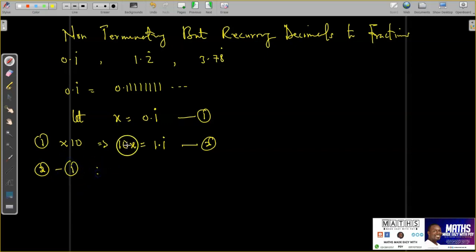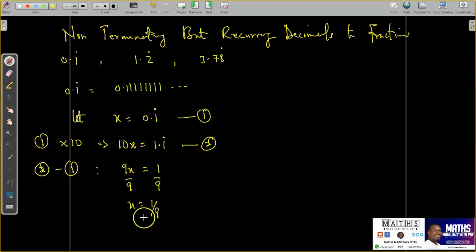So it will be equation 2 minus equation 1. That's 10x minus x, which will give me 9x. And then 1.1 recurring minus 0.1 recurring. What answer will be left? 1.0, or in the same way, it will be left with 1. So at this moment, we are looking for the value of x. We divide both sides by 9, and hence x will be equal to 1 divided by 9.